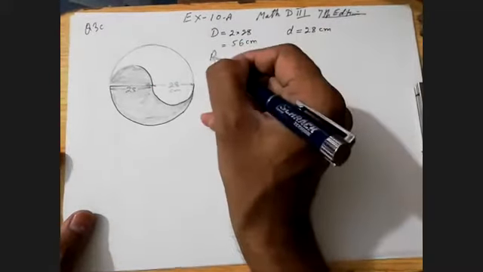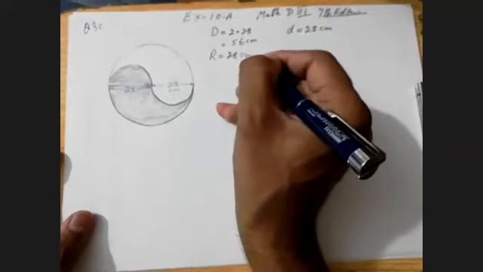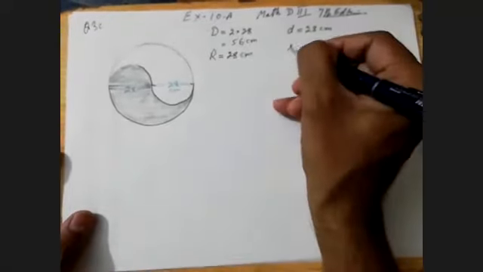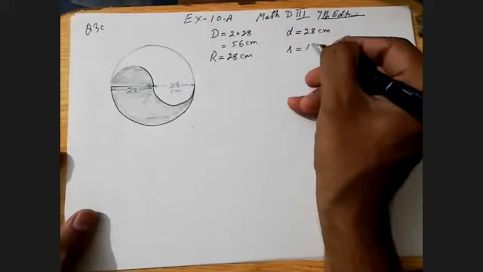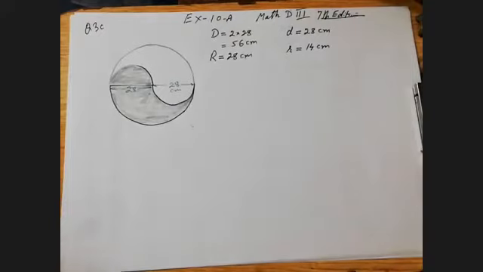The radius of the bigger circle is 28 centimeter, and the radius of the smaller circle is 14 centimeter. For the bigger, I am using capital letters, and for the small, I am using small letters.